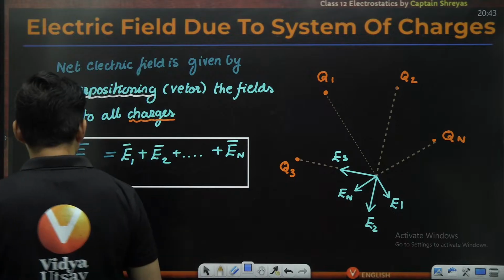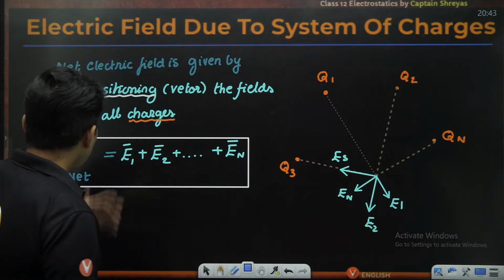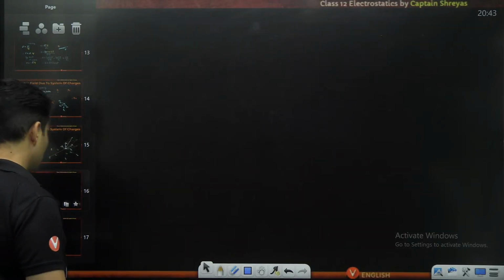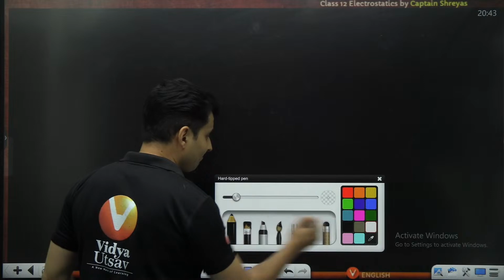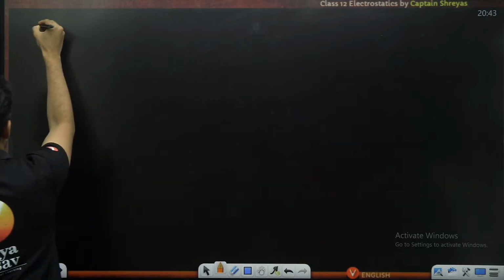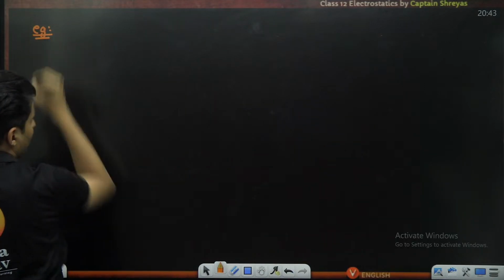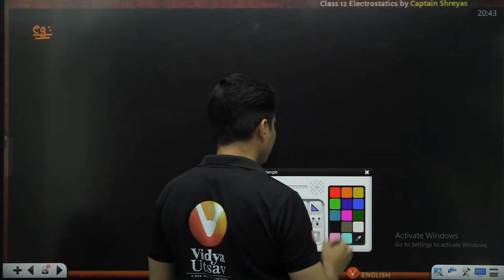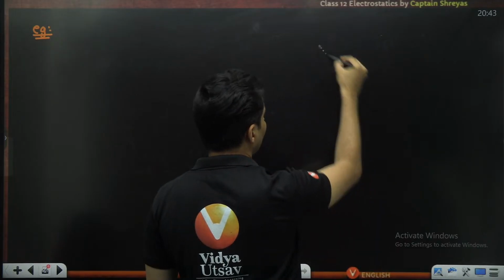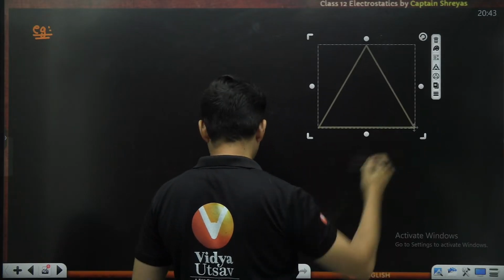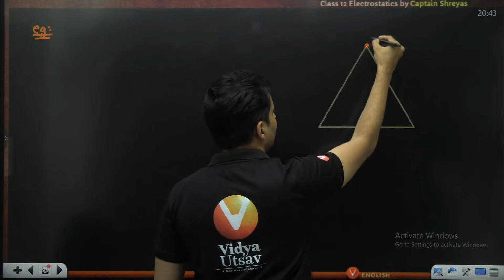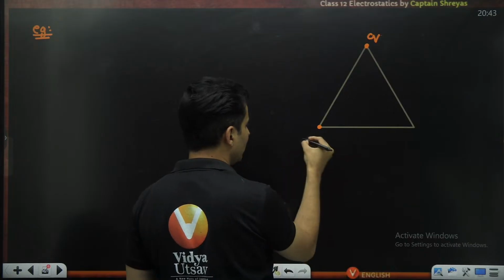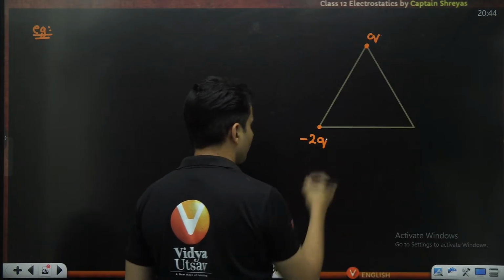Okay, fine. So let's see how we actually use this in some questions. Say for example, let's take a triangle over here. Let's say there is a charge Q, and another charge over here, minus 2Q.